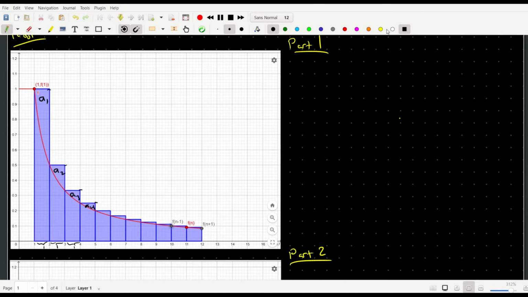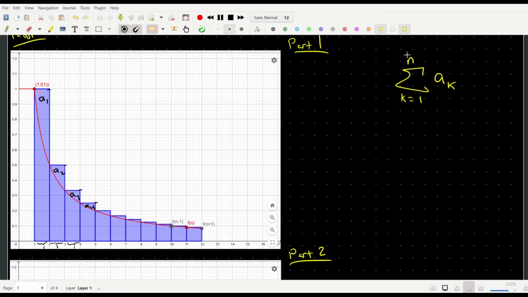And this is very nice because this allows us to directly set up an inequality, specifically the sum from k equals 1 to n of these areas ak, of each one of these values of k.